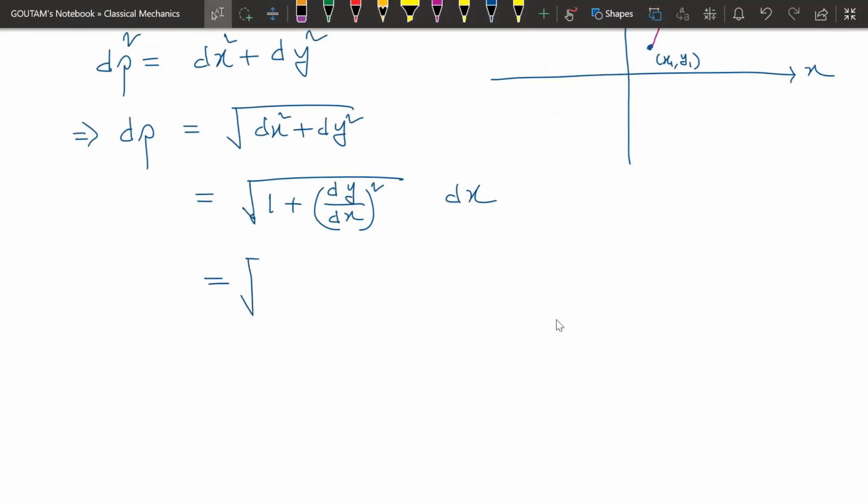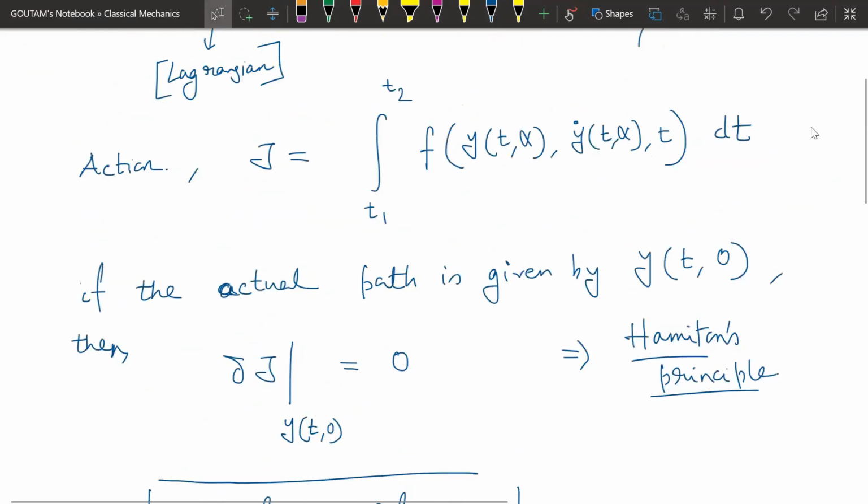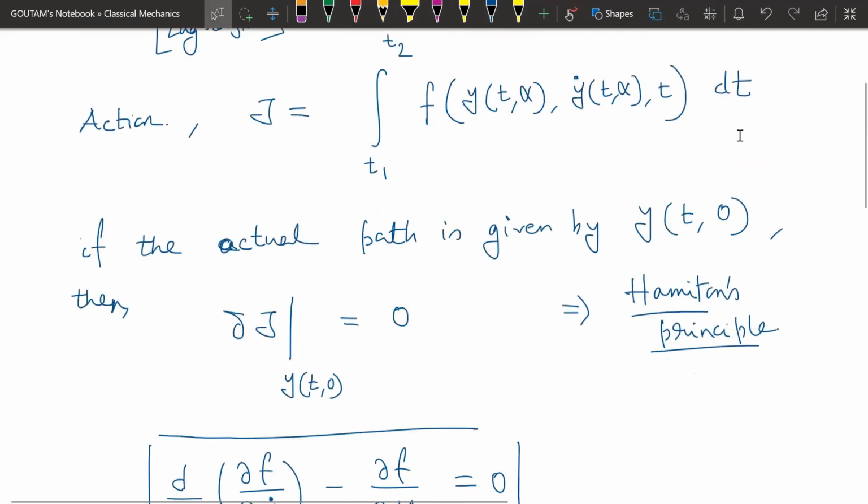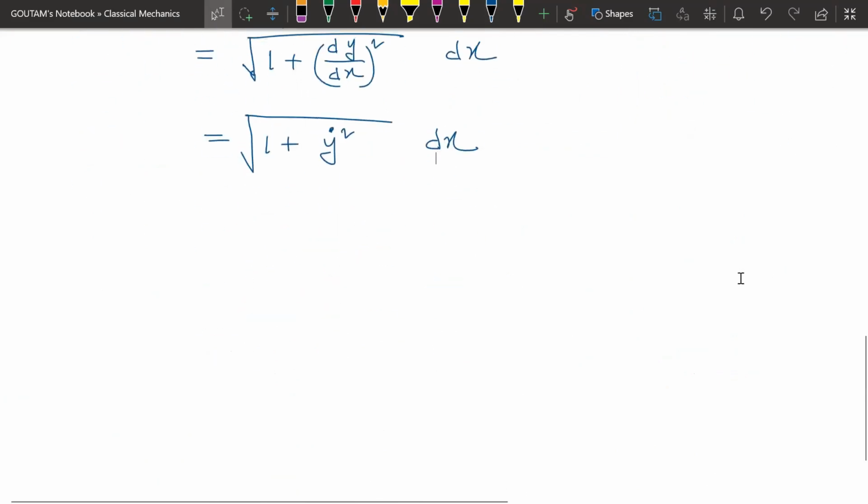Which is basically root under 1 plus (dy/dx) whole square, times dx, if we take dx outside. Now we will write this dy/dx as y dot. It's not a derivative with respect to time, because here time is not in the picture. The independent variable here is x, so x is analogous to the t in this equation.